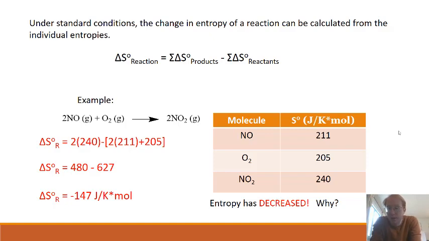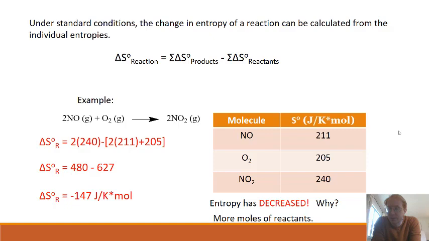But in this case, we have more moles on the reactant side. So as this reaction proceeds, I'm producing fewer moles. I'm going from 3 moles worth of reactants to 2 moles worth of products. Fewer particles, fewer microstates, less entropy.